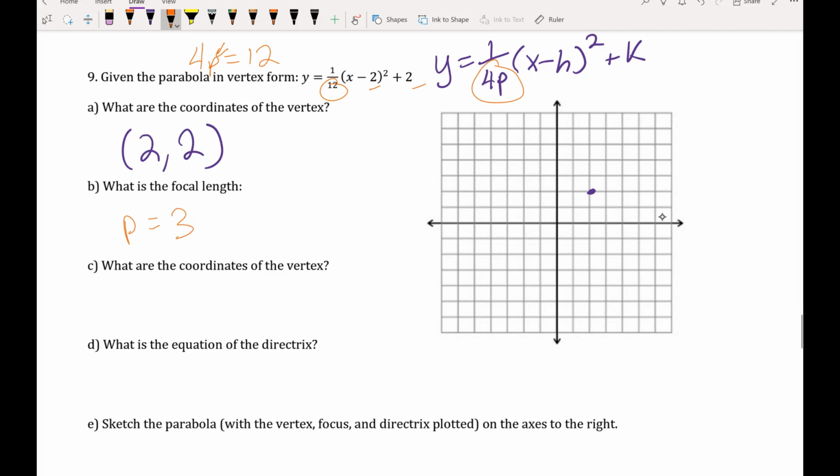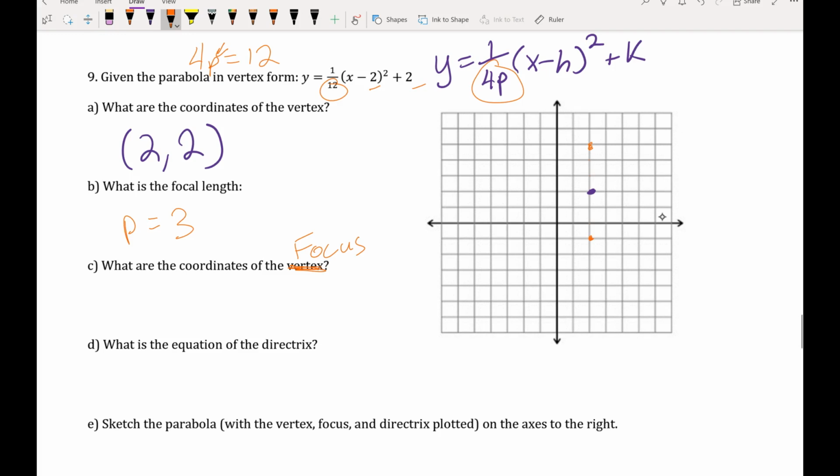And now, what are the coordinates of the focus? Well, it either could be above my vertex by 3 units, 1, 2, 3, or it could be below my vertex, 1, 2, 3, by 3 units, depending on which way this parabola is opening.